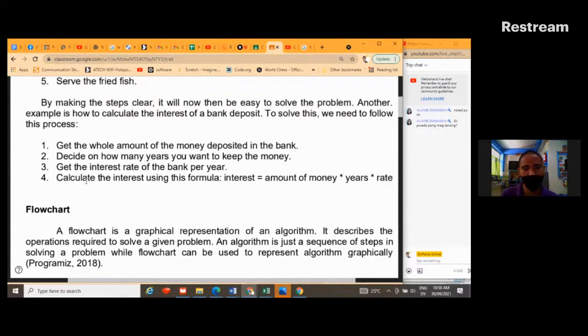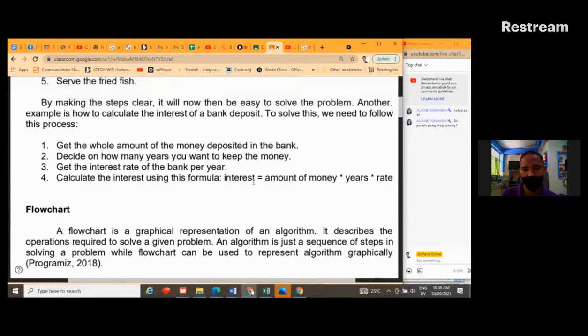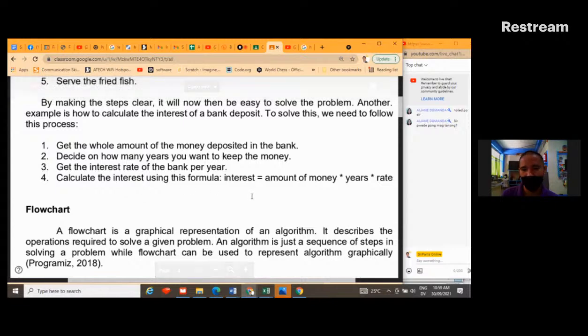So you calculate the interest using this formula: the interest equals amount of money times years times rate. And you can add here, display the interest you accumulated for the years that you choose.